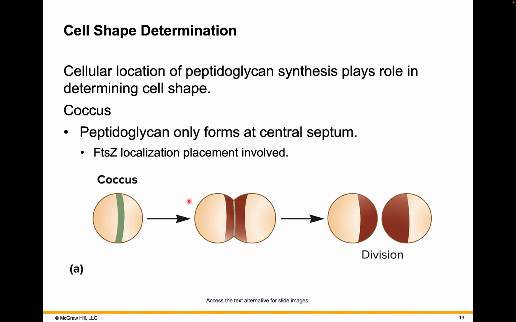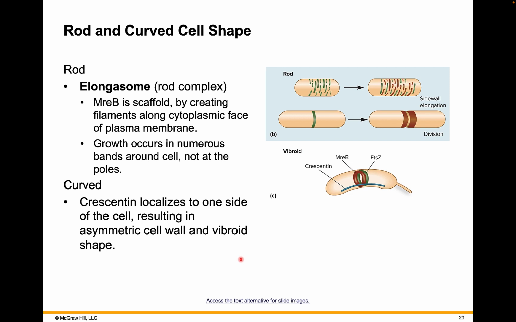So here you can see that the cellular localization of peptidoglycan synthesis plays a determining role. The peptidoglycan forms at the septum, and FtsZ localization is involved in this process. In the elongasome, which is the rod complex, this happens with MreB as a scaffold, creating filaments along the cytoplasmic face of the plasma membrane.